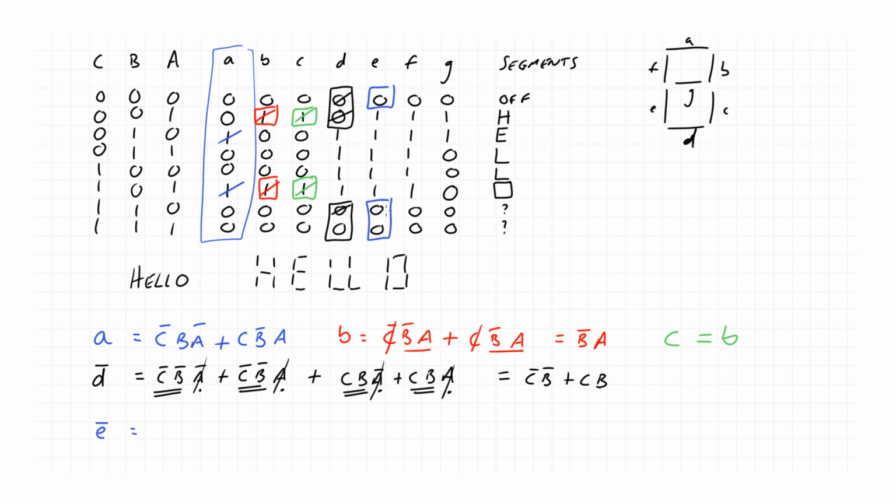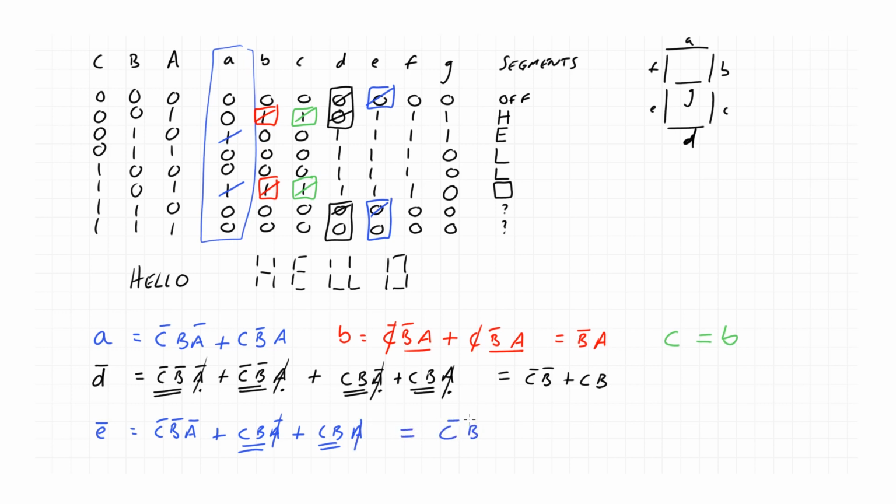I'm going to do the same for E. I'm going to see when E is low because there's only 3 states, so it'll be quicker. And there's a nice grouping at the bottom, which we can use the complement law like for segment D. So we have common factors of C and B, A or not A, so A makes no difference.